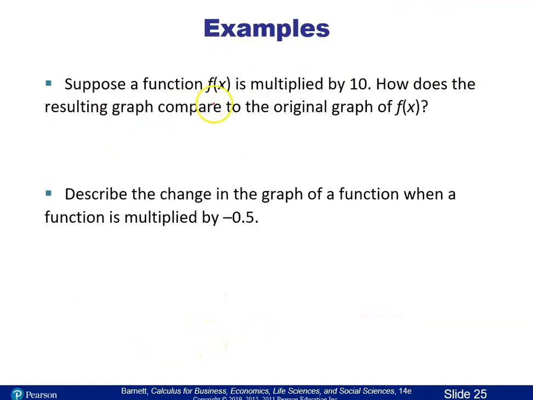Okay, just a couple questions. Suppose a function f of x is multiplied by 10. How does the resulting graph compare to the original graph? Well, anytime it's multiplied by a number more than 1, that's going to be a vertical stretch by a factor of 10. Here, describe the change when a function is multiplied by negative 0.5.